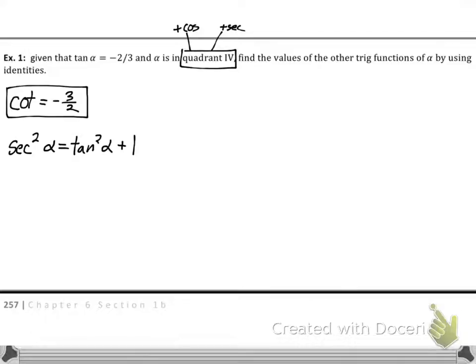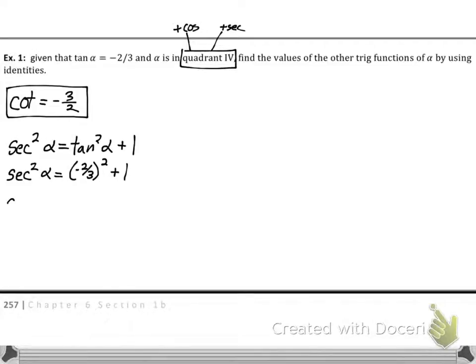Whoops, wrong direction. So that means that secant squared alpha is just going to equal, we already know tangent equals negative 2 over 3, so it's negative 2 over 3 squared plus 1. Like I said, it's algebra, it's just plug and chug. Plug 2/3 in for tangent and see what you get.